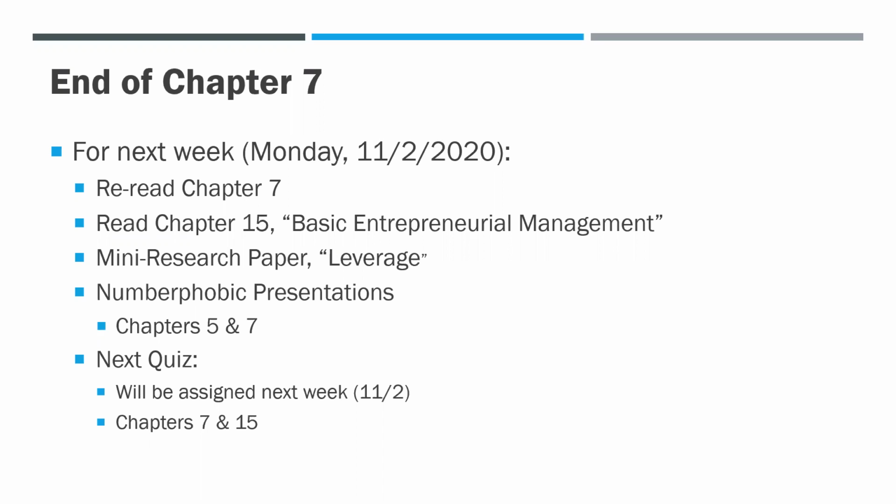We're actually talking about basic entrepreneurial management next week, which discusses items such as planning in business, organizing, staffing, directing a business, controlling a business, different kinds of leadership styles, and business strategies.